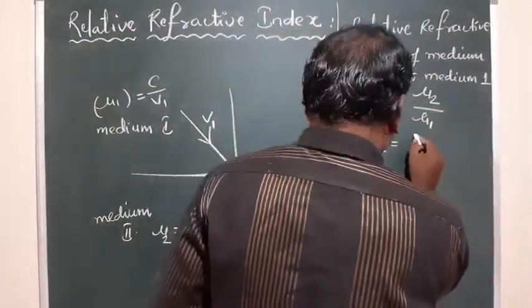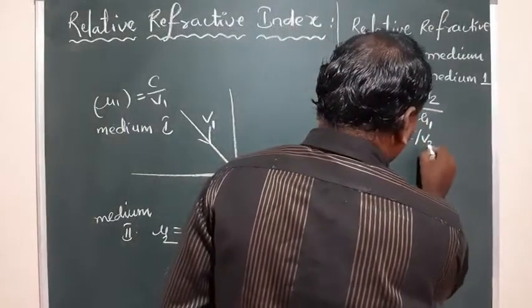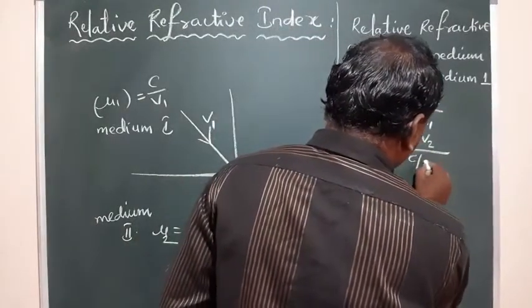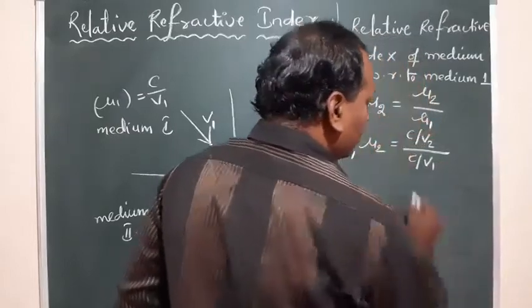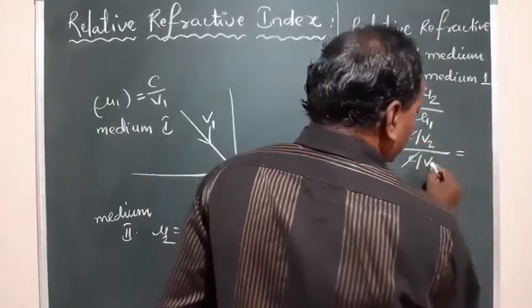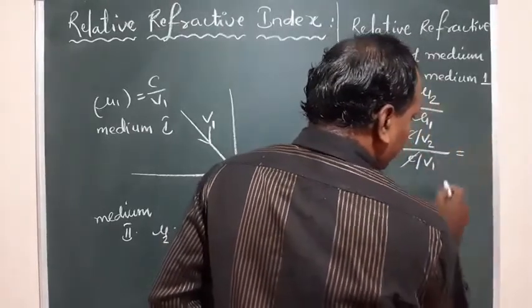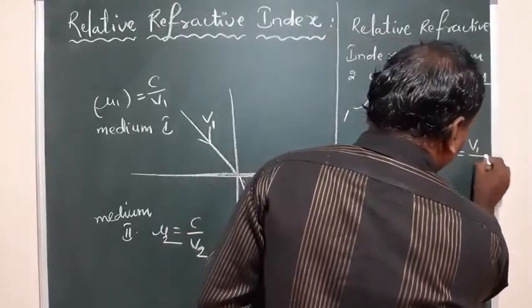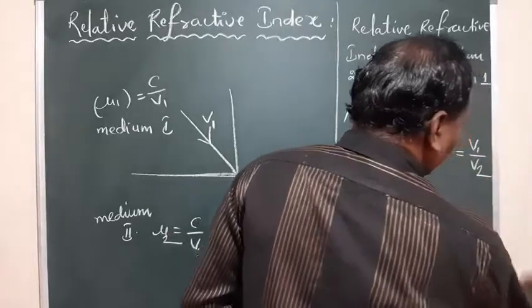Then what do I get here? C upon V2 divided by C upon V1. Then this equation can be written as: this C is cancelled, so V1 will be the numerator and V2 will be the denominator. It is given by V1 upon V2.